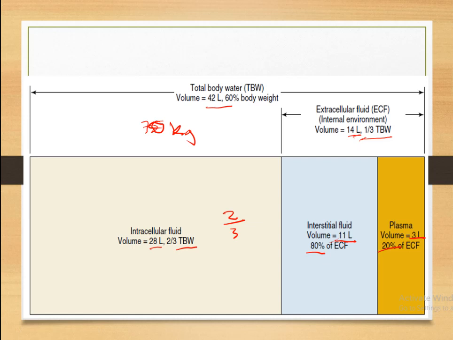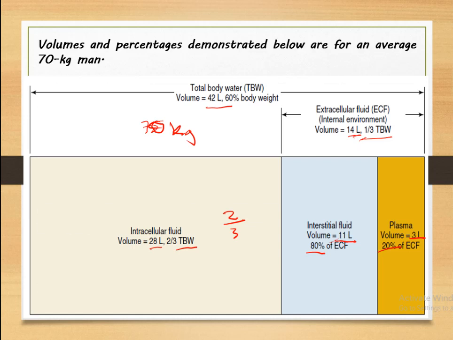Ladies and gentlemen, this is very important for your understanding. This is really very important for your exams and other tests and quizzes. Like I said, we are talking about the volume percentage in a 70 kg young male person.